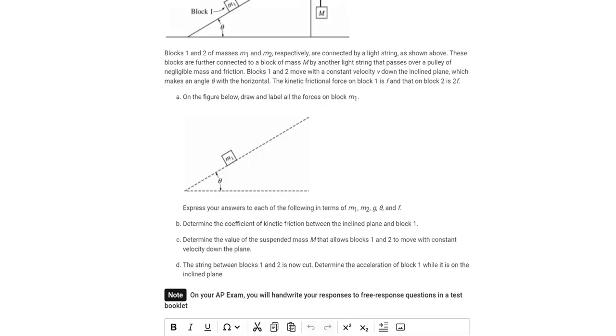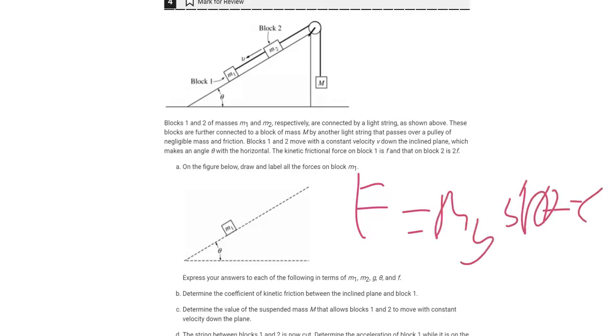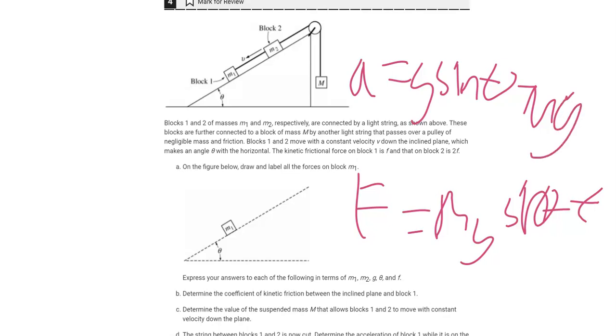To do this, we use force equals ma, and the forces are the friction force and gravity: ma equals m1g sine theta minus F, and substituting mu times m1g cosine theta for F, and then we simplify for a, and we get a equals g sine theta minus mu g cosine theta, which is how you find acceleration here, and that is the final answer.